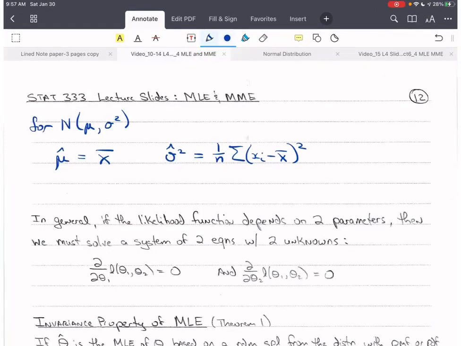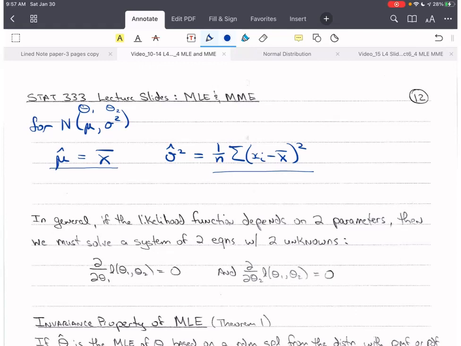If you recall, for the normal distribution with mean mu and variance sigma squared, we called this theta 1 last time and this theta 2, we found that the maximum likelihood estimator for mu is x bar, and for sigma squared, it's 1 over n sum of xi minus x bar quantity squared.